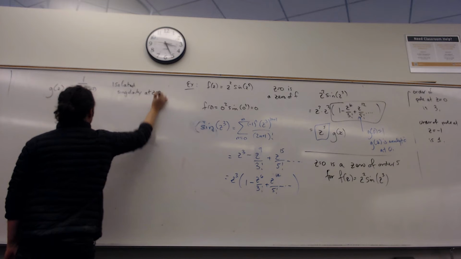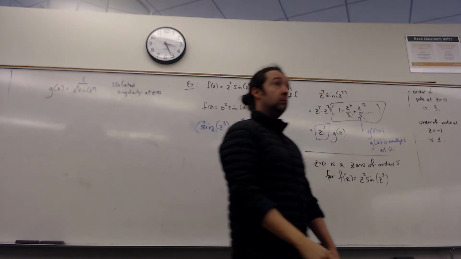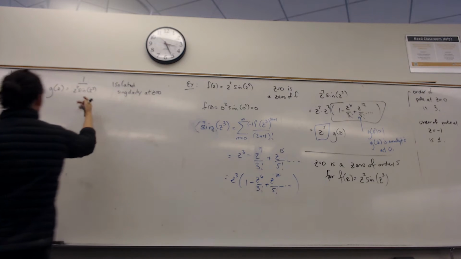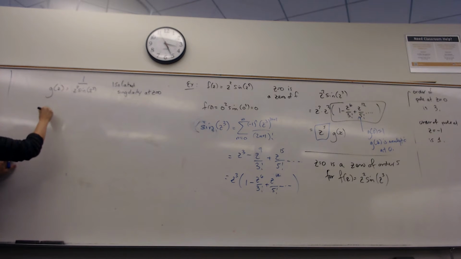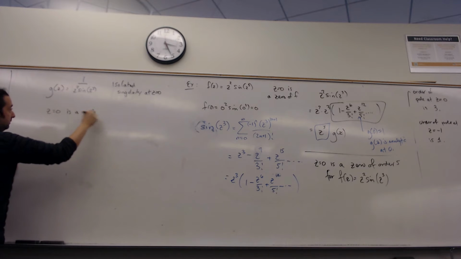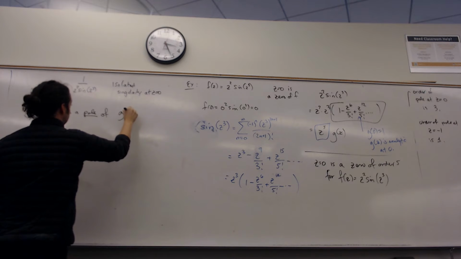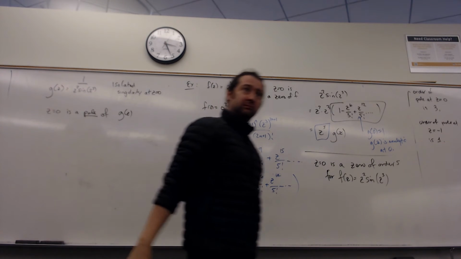It's a pole, so my claim is that z is equal to 0 is a pole of g of z. What order is it?